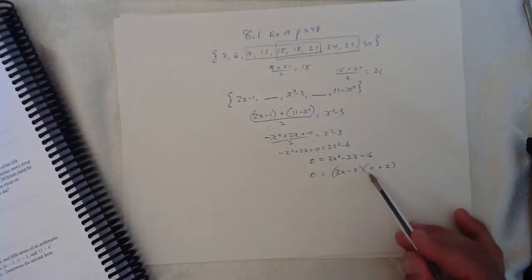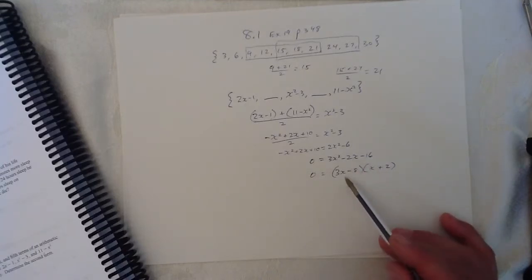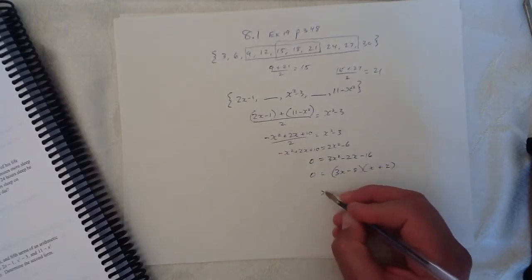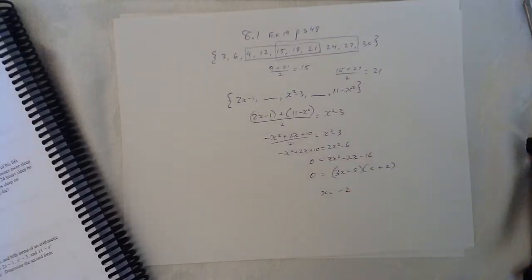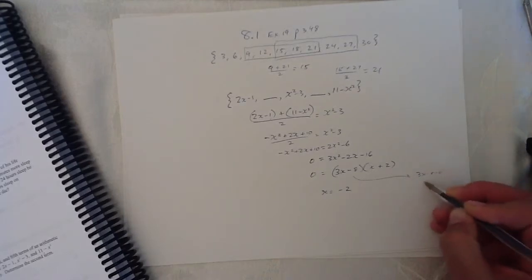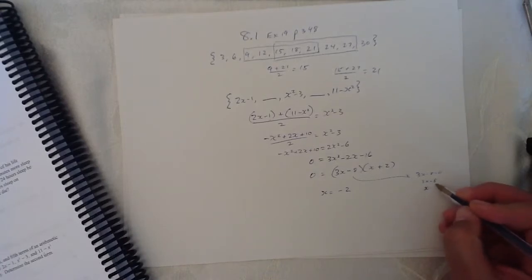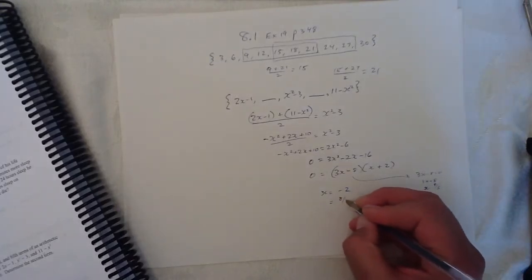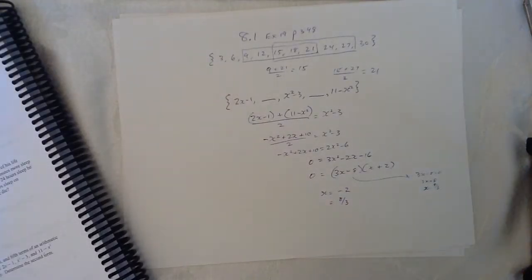So that's minus 16 minus 8x plus 6x. Yeah, yep, that works. Okay, so factoring this, x equals minus 2 is one solution. And 3x minus 8 equals 0, so 3x equals 8, or sorry, x equals 8 over 3. So those are my 2 solutions.